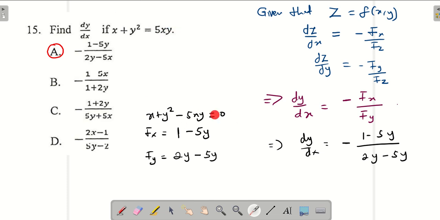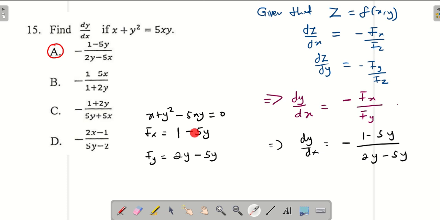Then we take f of x, which is the partial derivative with respect to x. When you differentiate x with respect to x, you get 1. The y squared is treated as a constant, so it is 0. And when you differentiate negative 5xy with respect to x, you get negative 5y. So that is for f of x.